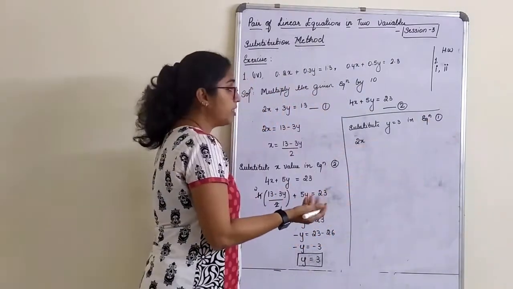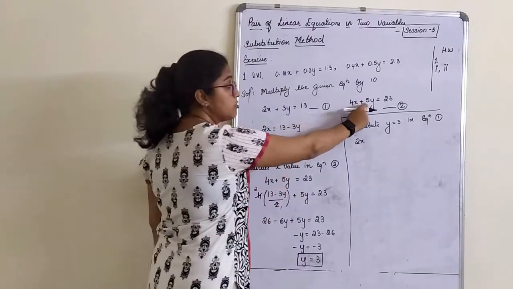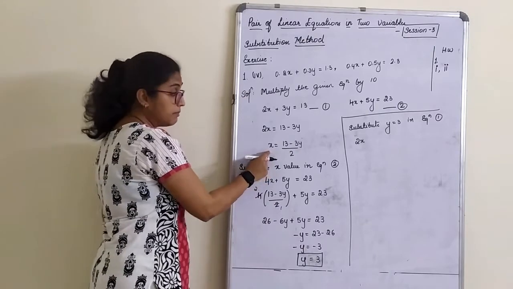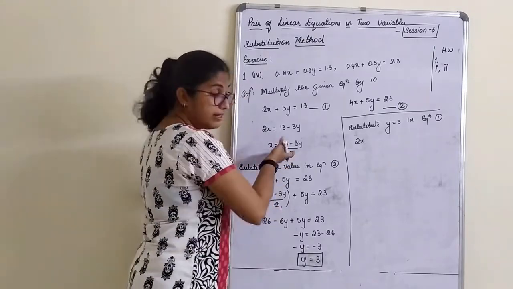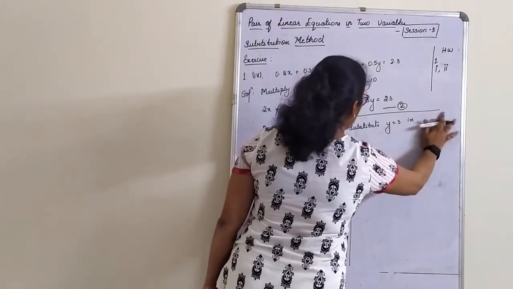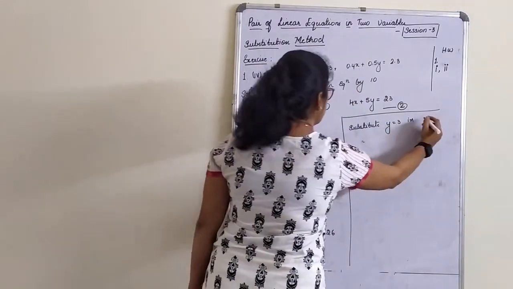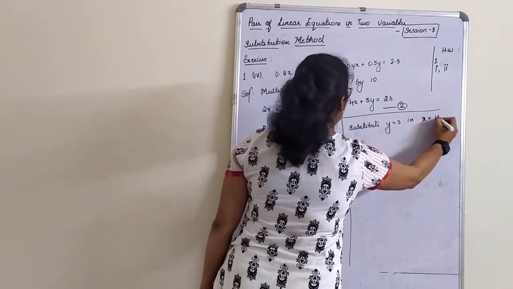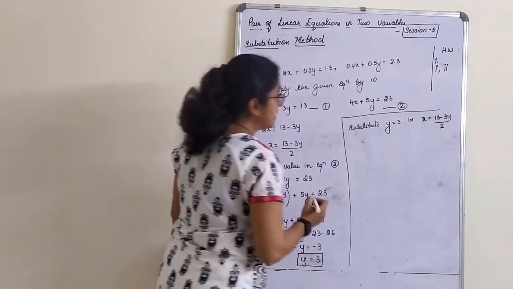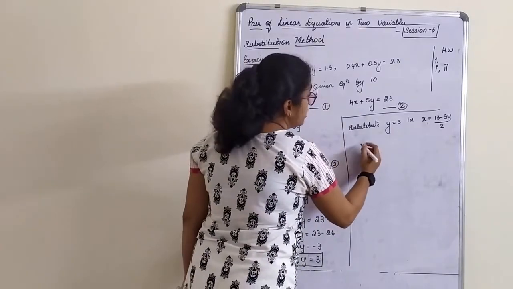No compulsion, children. You can use one equation, you can use two equations. You can also use it in this if you want, it will be much easier. So we'll do one thing, we'll use it in this only. x is equal to 13 minus 3y divided by 2.